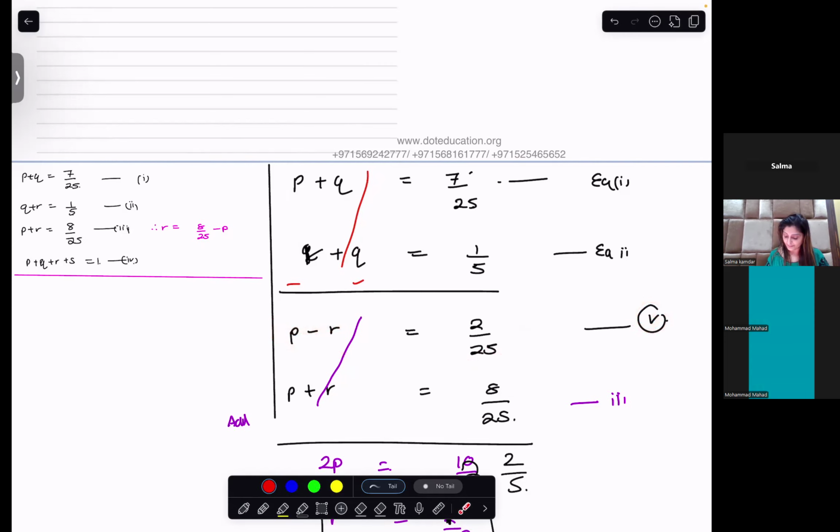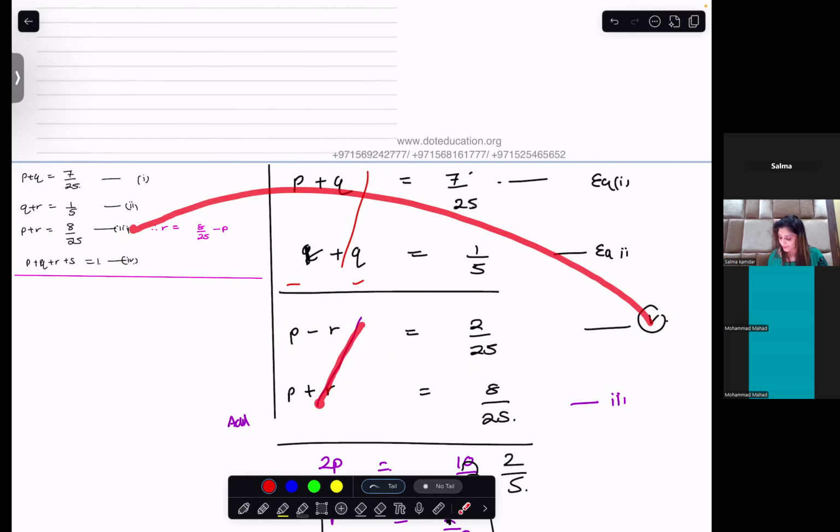Now I have this equation number 5 and I have this equation number 3 and 4. Are you with me? Now when I see this equation and I see my equation number 3, I see that if I add both of these equations, I can remove R. So I am adding equation number 5 and 3.